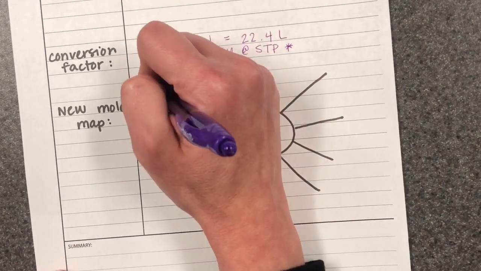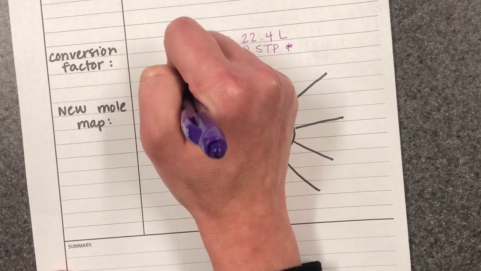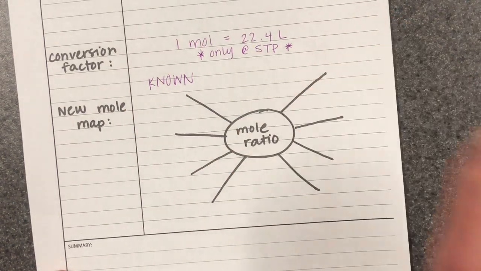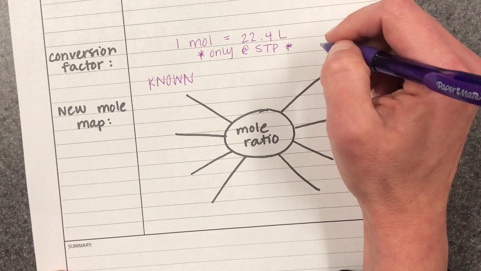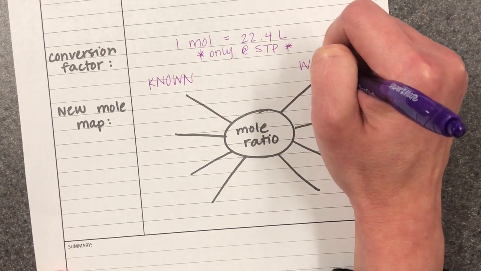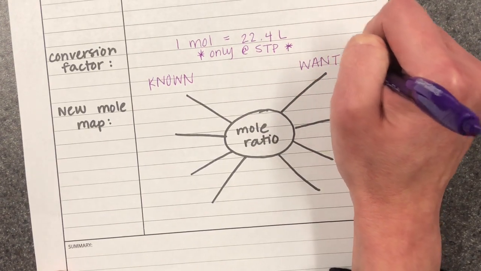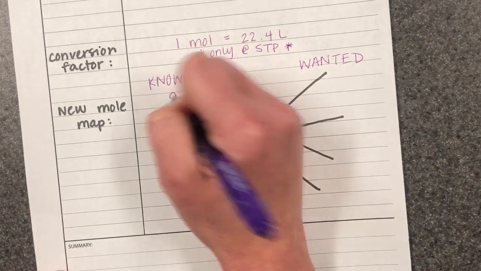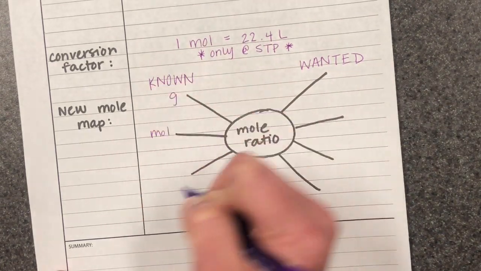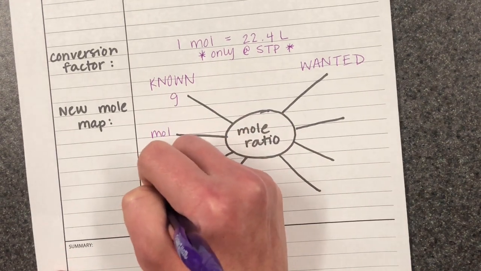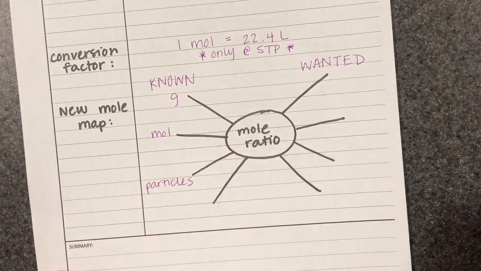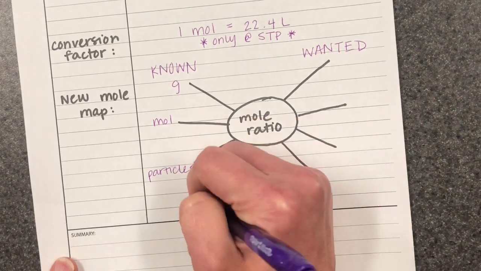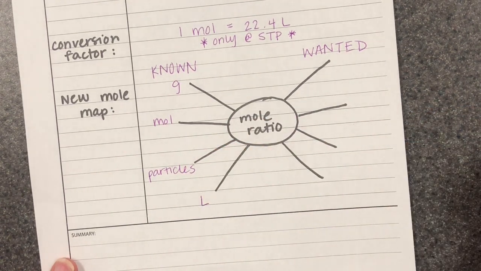So that means we can modify that mole map a little bit. We know we start off with a known amount of one substance, and we are asked to find a wanted amount of another substance. Now, sometimes our known amount is in grams, sometimes it's in moles, sometimes it's in particles, and now it could be in liters, okay?